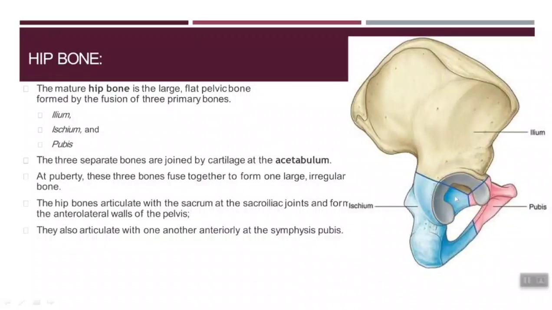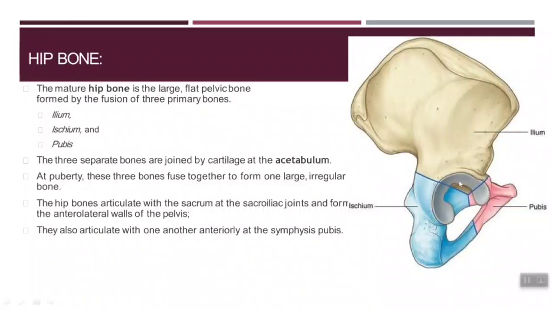These three parts join together in one cavity, and its name is the acetabulum. The acetabulum is the site of the joining of the hip bone.